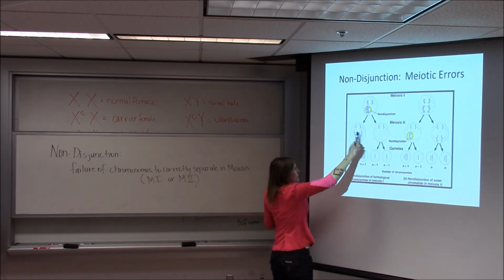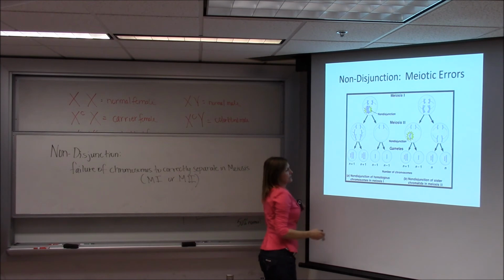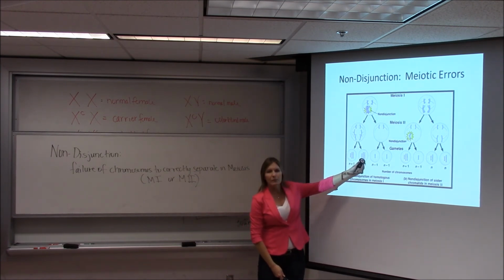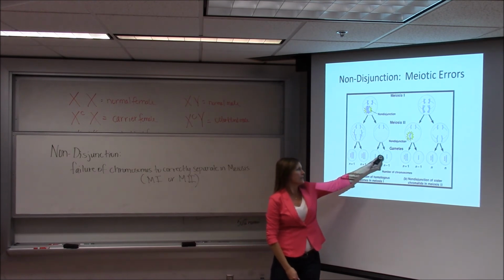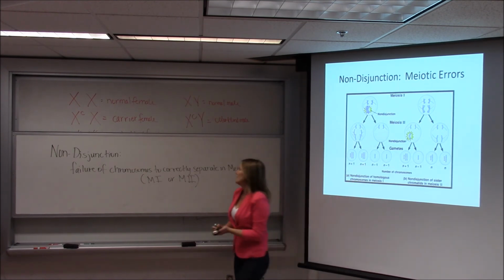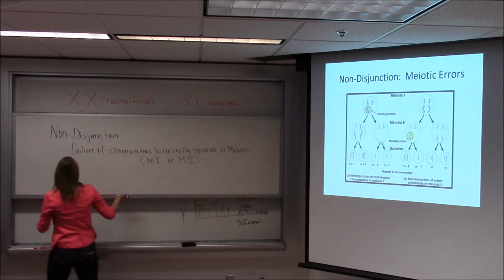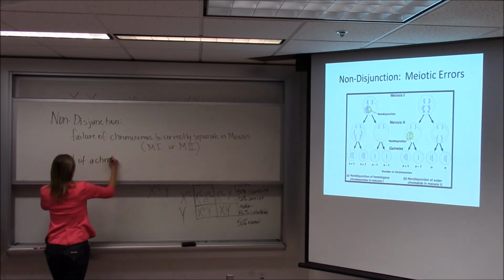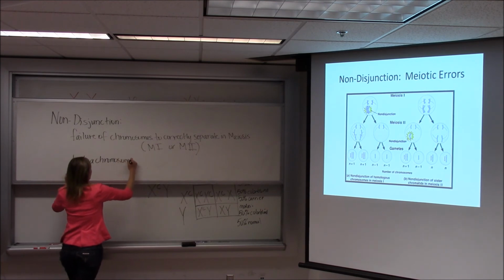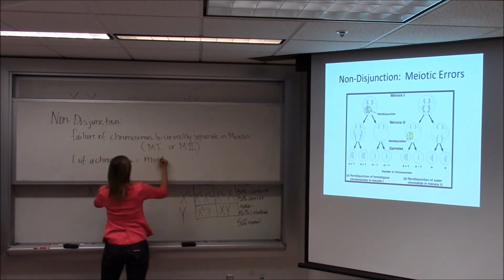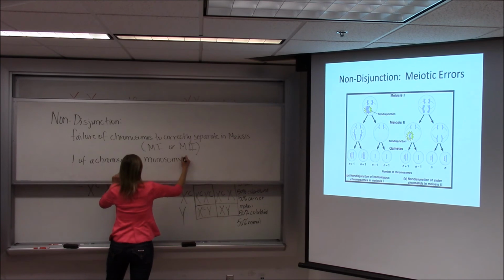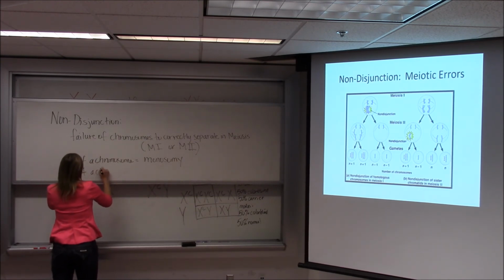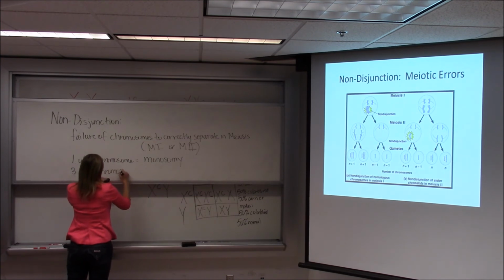So by the time those cells go through their second division, these 2 cells ended up with an extra one, and these ended up 1 short. If you end up with 1 of a chromosome, remember you're supposed to have 2 of each, it's called a monosomy. 3 of a chromosome is called a trisomy.